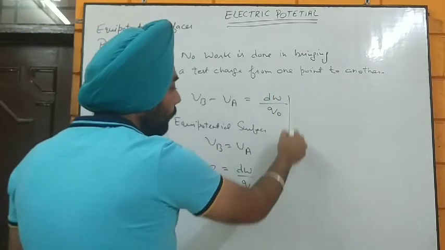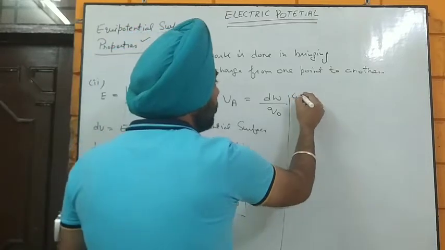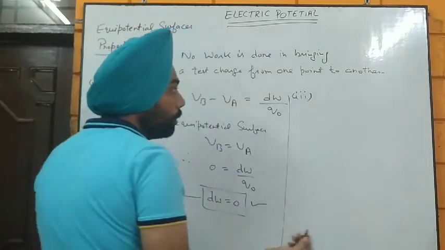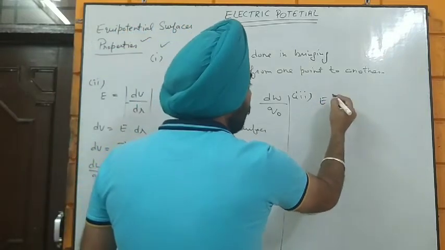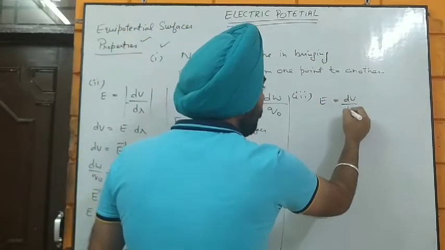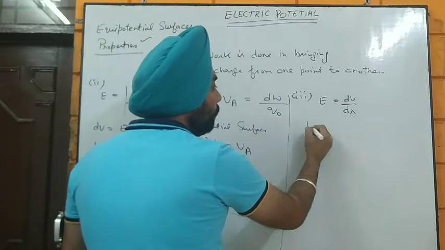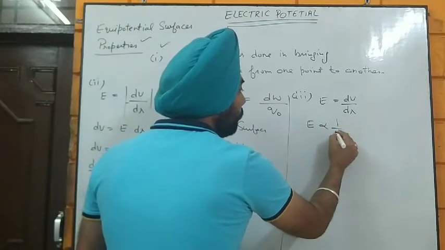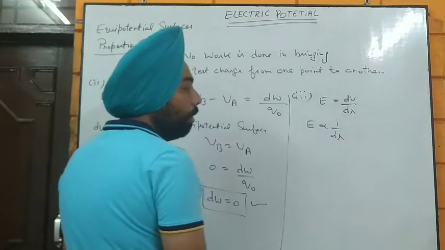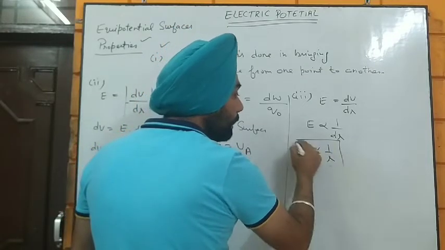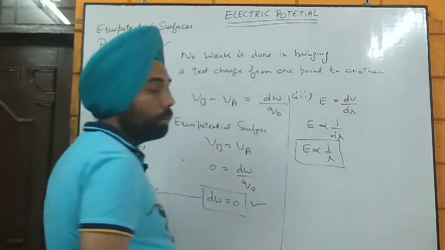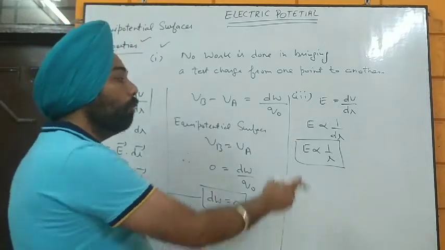Now for the third property, that is also solved using the formula of potential gradient. If E is equal to dV upon dr, then E is proportional to 1 upon dr, or you can say E is inversely proportional to radius, proportional to 1 by r.